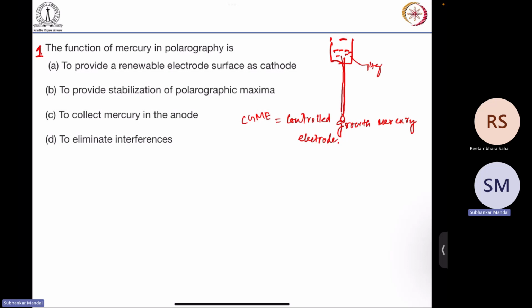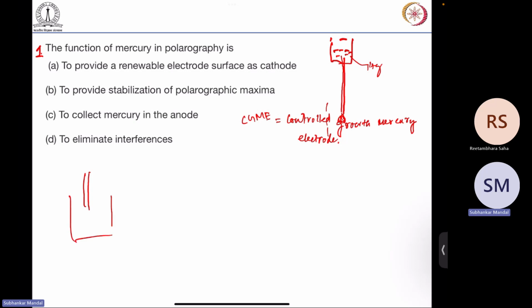So basically you can control the growth of the mercury drop as it forms, so that you can control how much time you want it to fall. That time also you can control, and you have the container. I think I can draw it here because I have written it there.